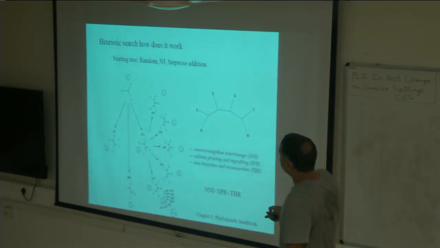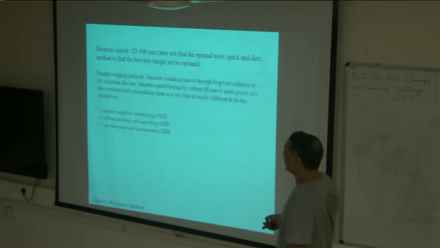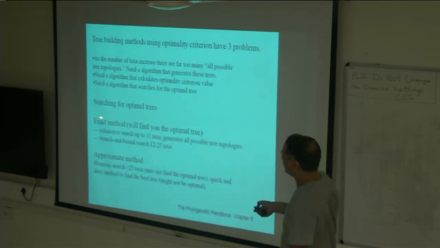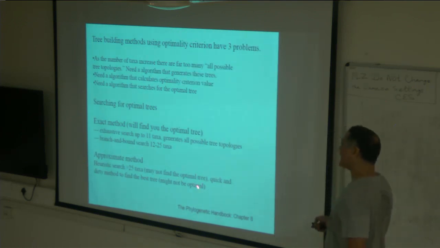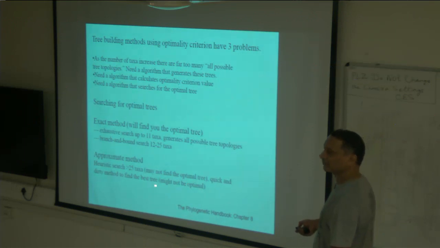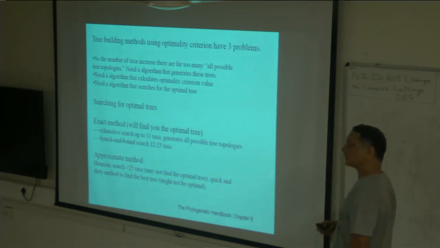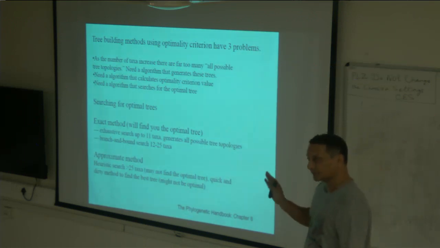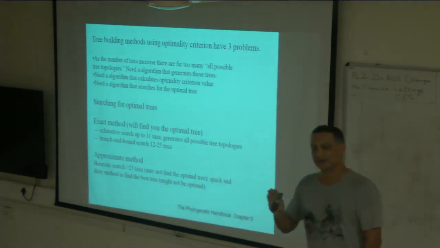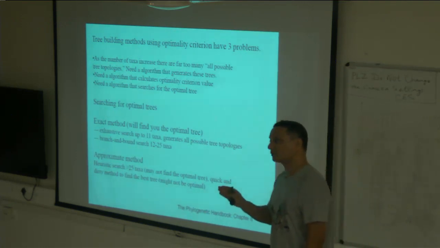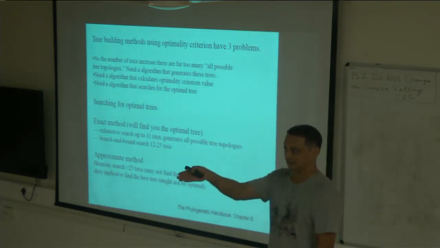So when you have more than 25 species, you cannot use the exact methods. You have to use heuristic search methods. Okay? It may not find you the optimal tree, simply because you cannot draw out all those trees and you don't have the time to even draw them. Forget about calculating the optimal value for those trees and then searching for the optimal tree.